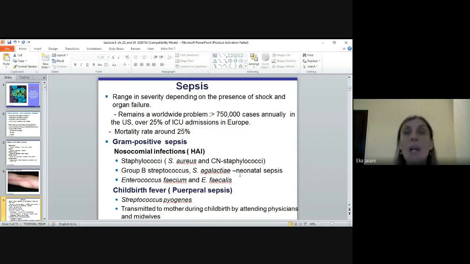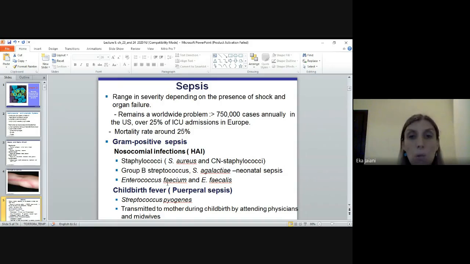So routinely, pregnant women are checked for Streptococcus agalactiae, and if they have it, they should get treatment.